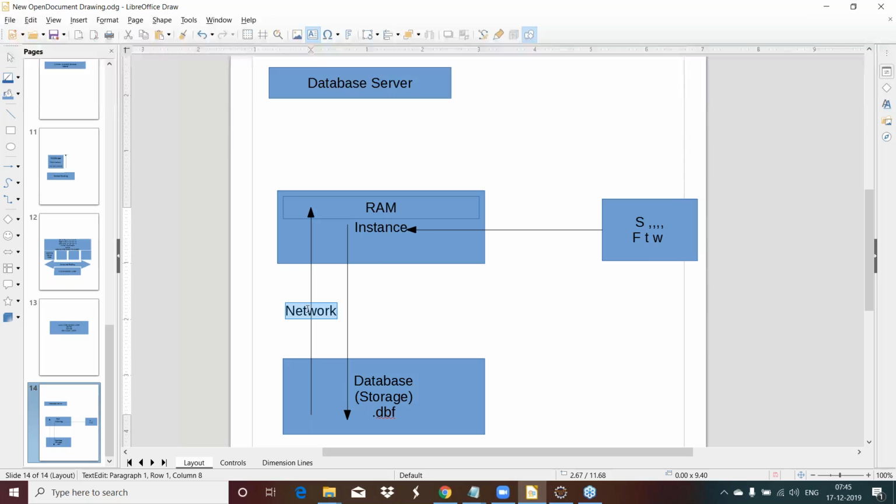Obviously it is going to happen over the network. So the network is coming into the picture, so all the problems associated with the network will also come into the picture. Guys, please understand, there is a particular speed at which the data will be traveling over the network.